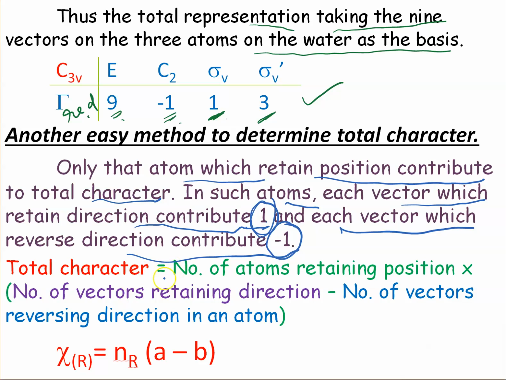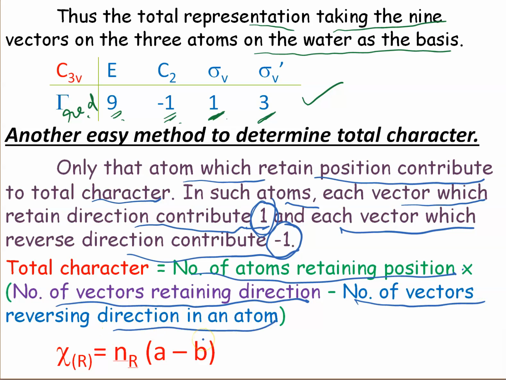So the total character we can form an equation. Number of atoms retaining position into number of vectors retaining direction minus number of vectors reversing direction. Okay. Because for each vector retaining direction the character is 1, so it is plus.